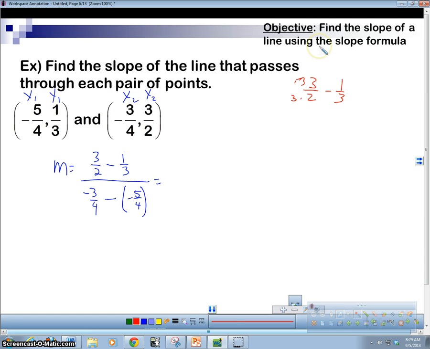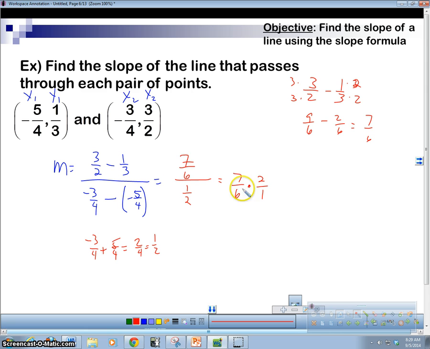Sorry about that. Okay, 3 times 3 is 9/6 minus 2/6, which is going to give us 7/6. Alright, so we have 7/6 on top. Negative 3/4 plus 5/4 is going to give us 2/4, which is 1/2. So 1/2 on the bottom. And when we have a fraction divided by another fraction, we're going to multiply by the reciprocal. Remember that from long ago. And we're going to get 7/3.